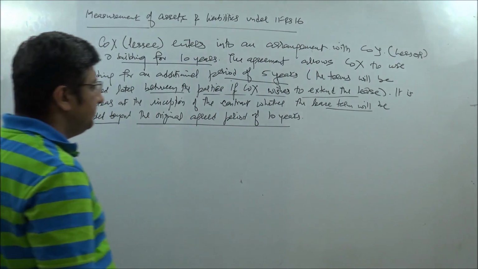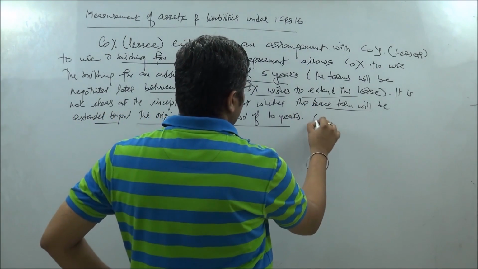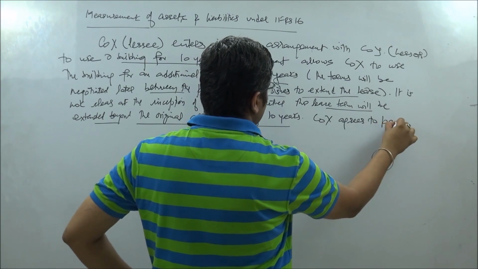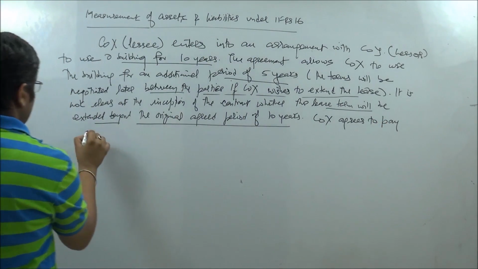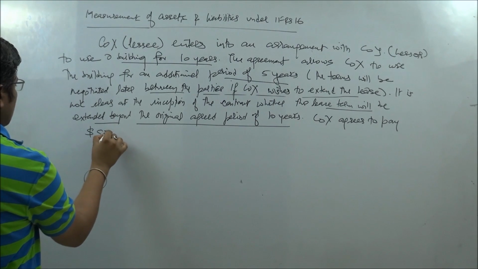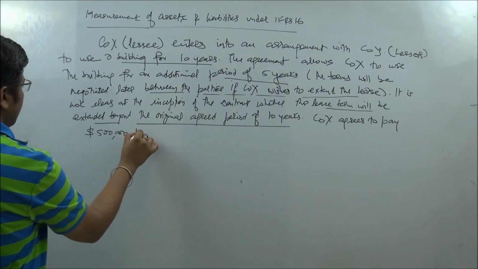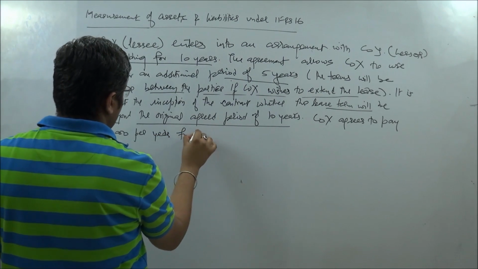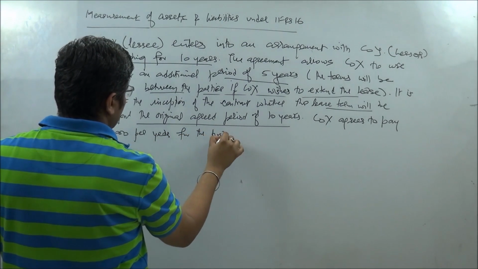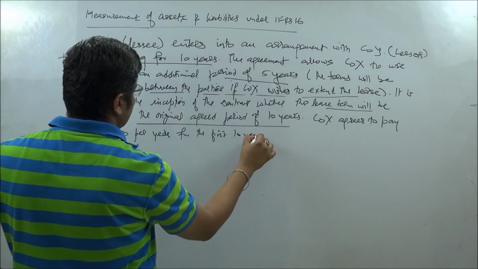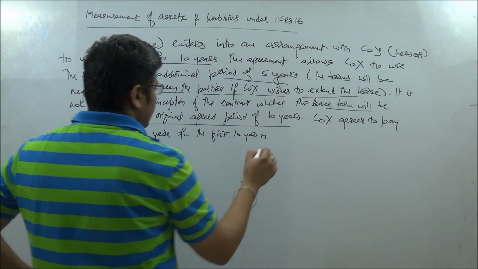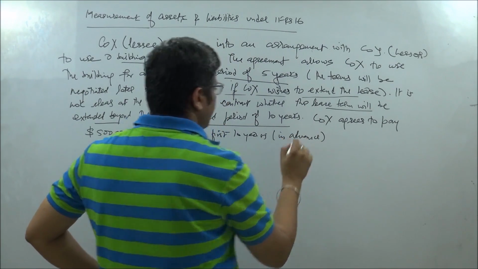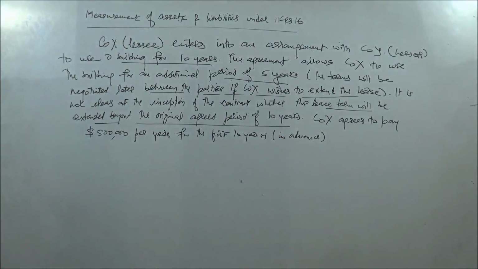So let us say further that company X agrees to pay $500,000 per year for the first 10 years in advance, right?